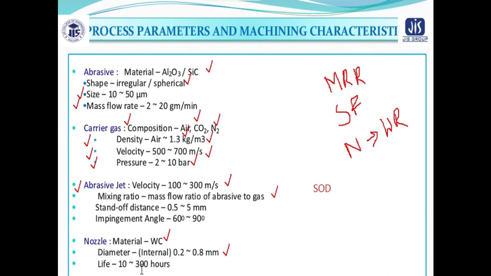Tool life you can see is 10 to 300 hours for sapphire. But for tungsten carbide, the life varies between 20 to 30 hours. Is that clear? Okay, now we will move to the next slide.